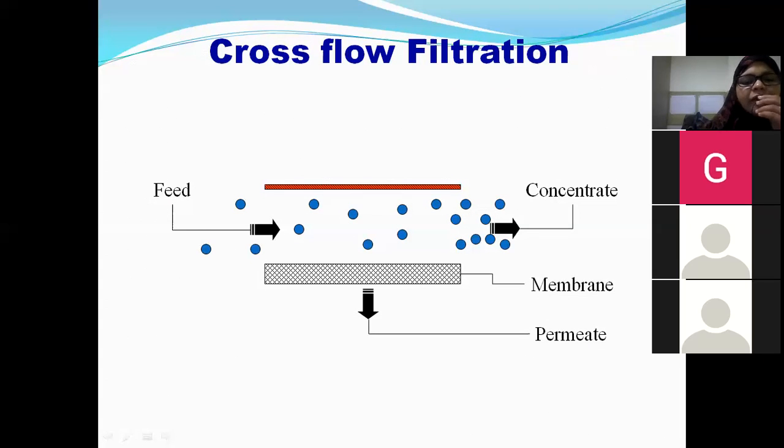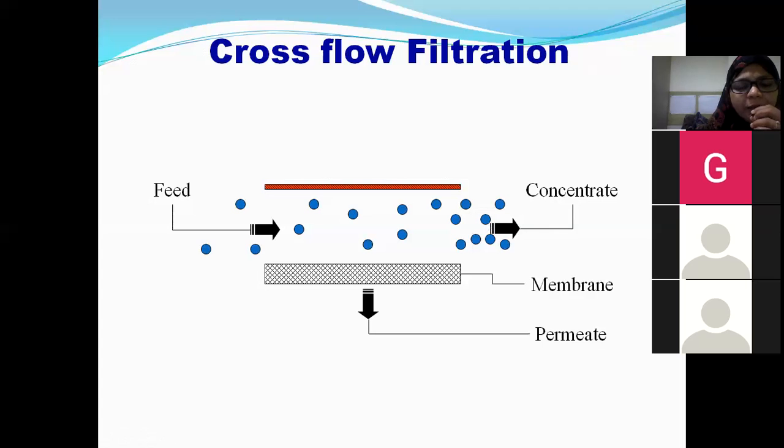Whatever is left behind on the surface of the membrane is your concentrate. Like when you make tea at home and strain it through a sieve, the tea you get below is the permeate, and whatever tea leaves are left behind on the sieve is your concentrate.